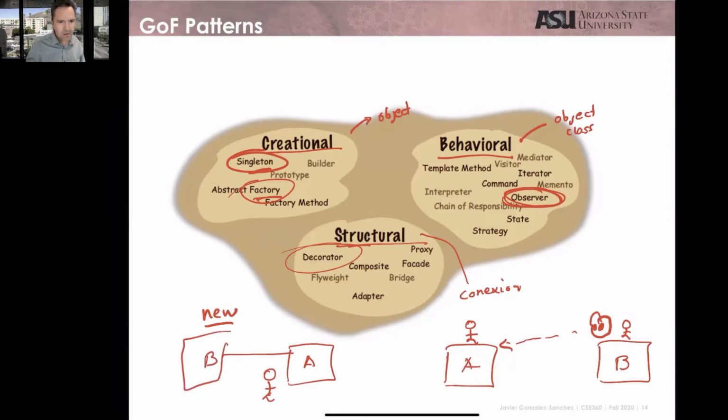This one is called a decorator. A decorator. Yeah, it's like, I want this guy with the flower. So one class is the guy and the other class is the flower, and I need to connect them. And I need to be sure that it's clear that the flower is just decorating the guy.